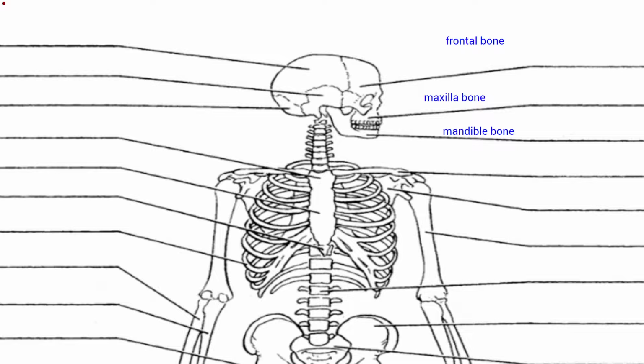This is the parietal bone. Temporal bone. Occipital bone. Okay. And we're just going to go down the line here. So this is the sternum.